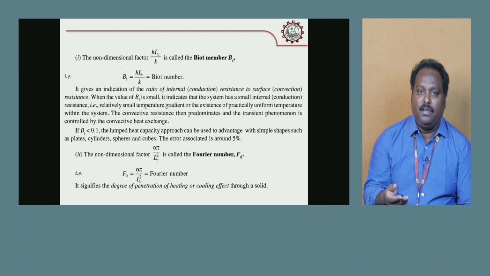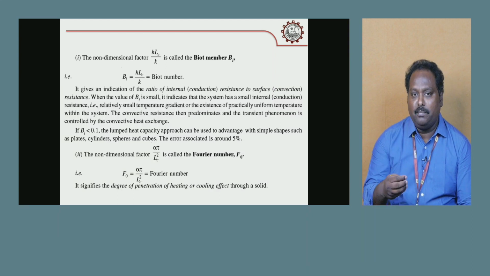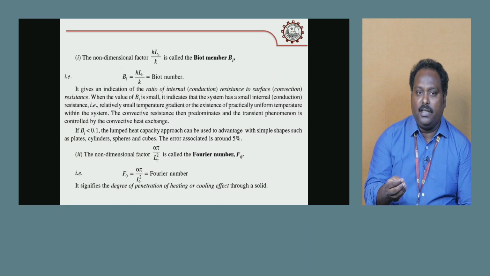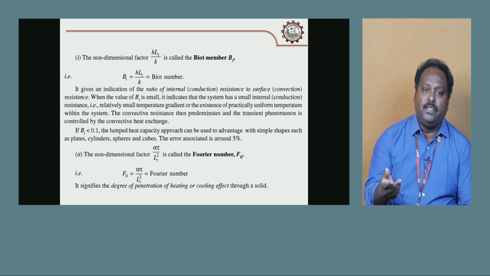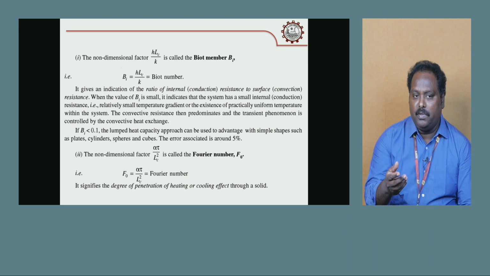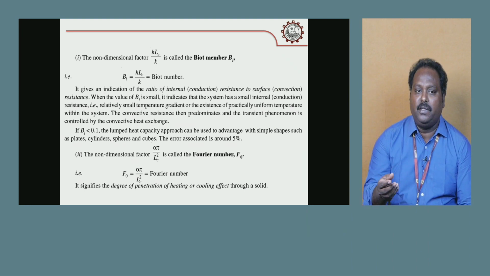Then finally we have seen what is the Biot number and Fourier number and their significance. The Biot number gives the ratio between internal conductive resistance and convective resistance. By means of the Biot number we can identify whether the system comes under a lumped heat capacity system or not, because if the Biot number is less than 0.1, then it is a lumped heat capacity system. The Fourier number is used to find the degree of penetration of heating or cooling effect through a solid.